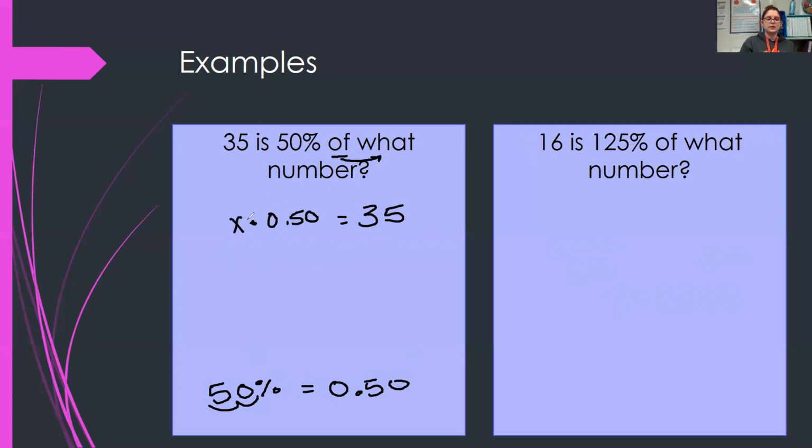The better way to represent that is 0.50x equals 35. We undo multiplication with division. So x equals 17.5.